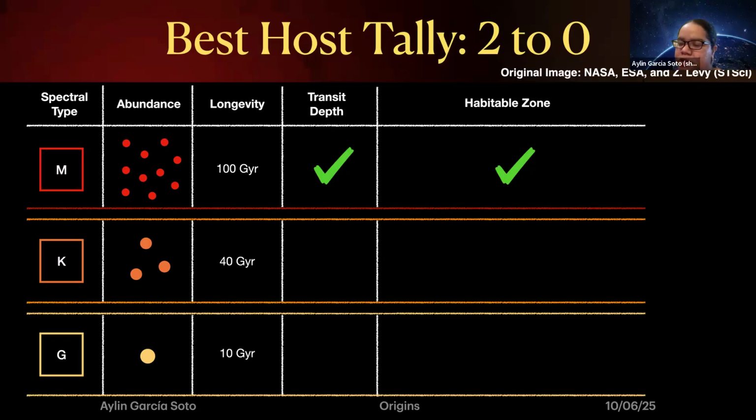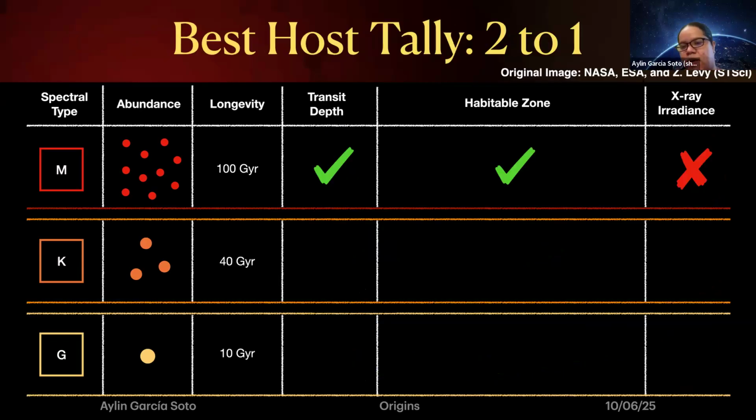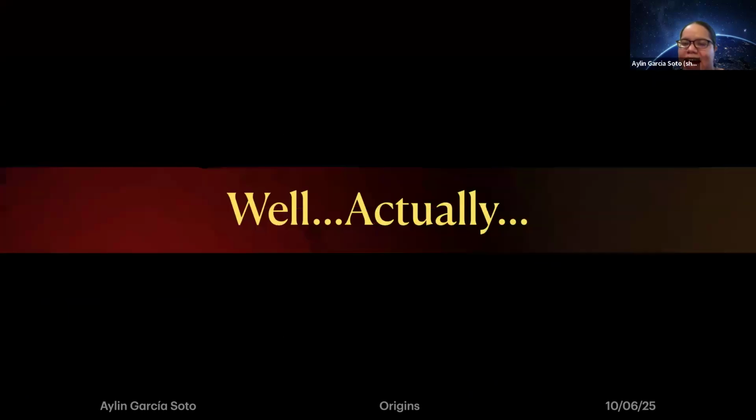However, M-dwarfs are very, very active. They're more active than our sun was when it was young. If you were to look at X-ray radiance, it gives 400 times more than the sun does today. There are more issues with M-dwarfs, as people in exoplanets do know.